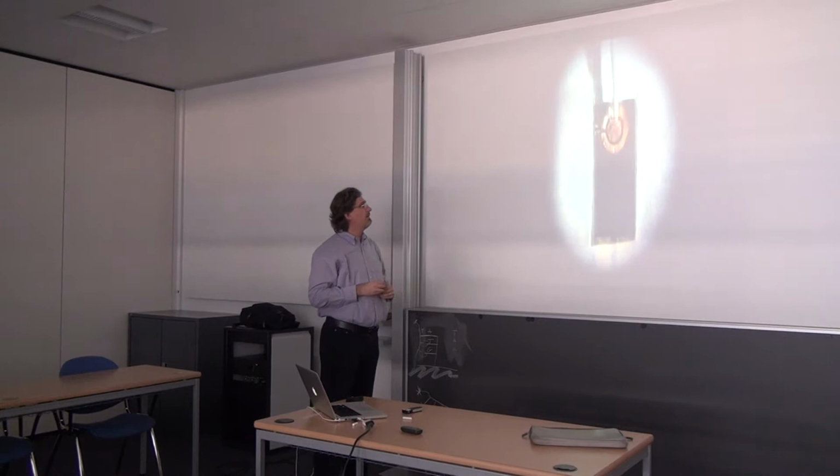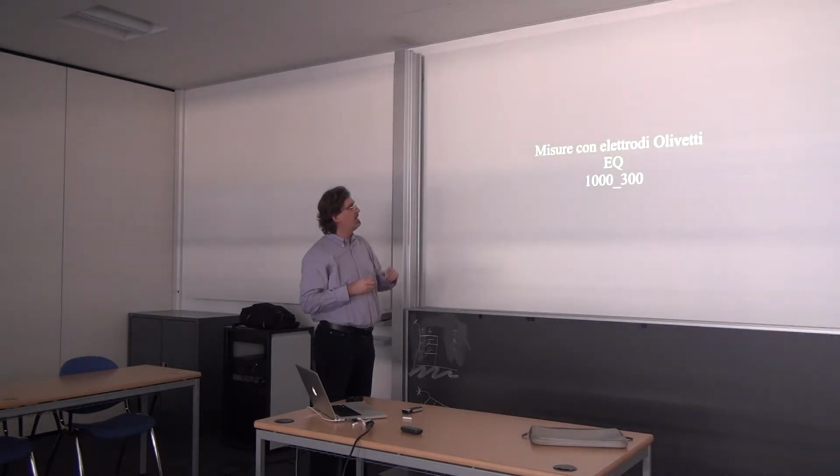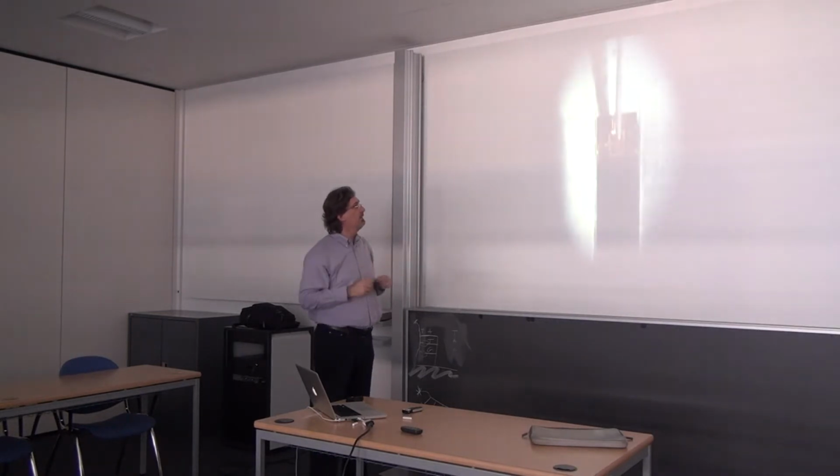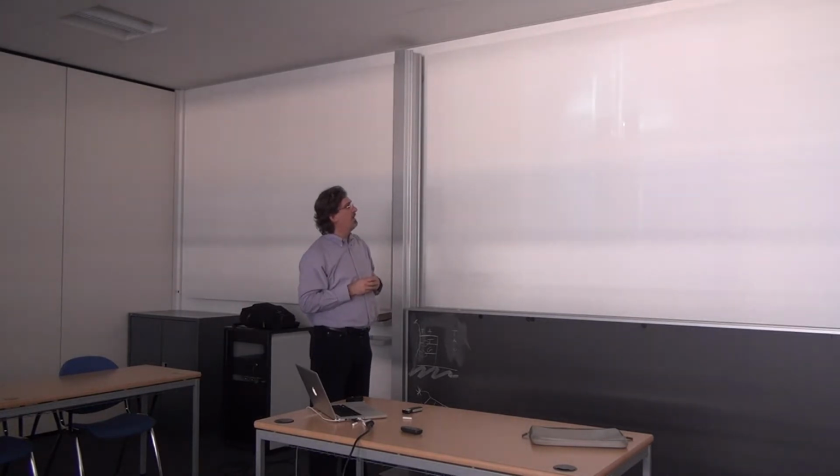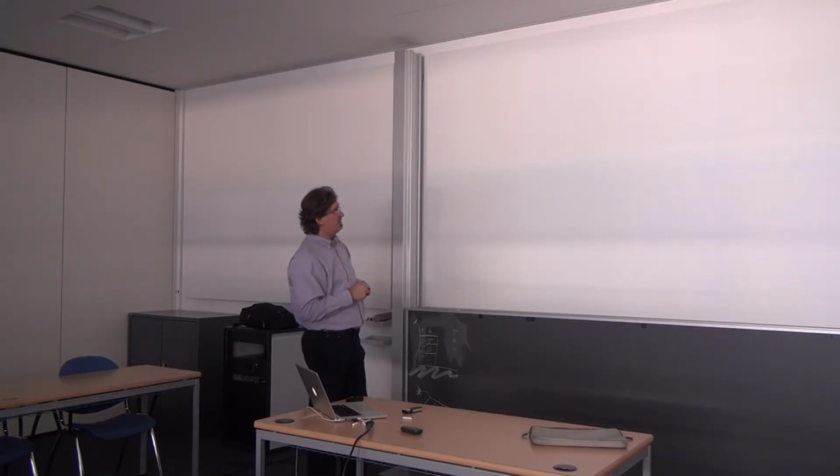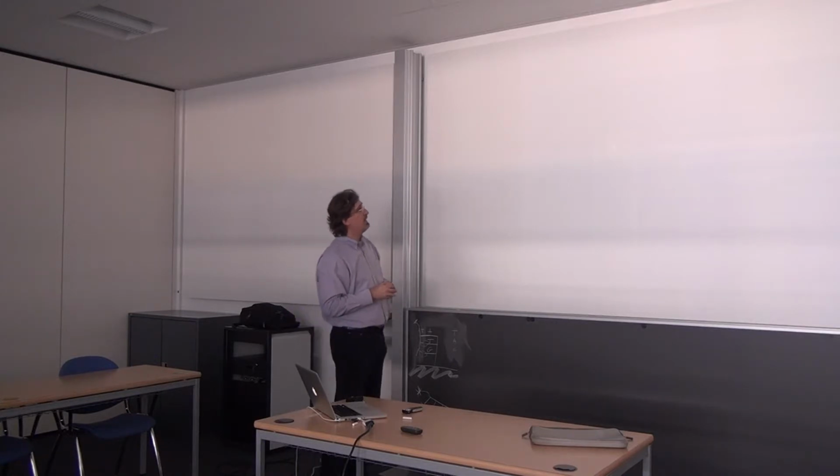Now, okay, we open. I want to also show you, we did also another test with the square. So we have this shape, this square, and see here again, we close the chamber, we apply the voltage, and we have the emission.